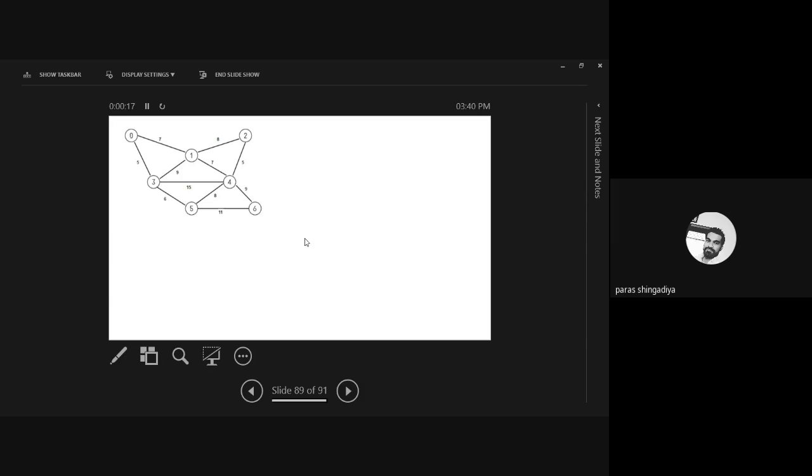Yeah, is there any confusion in any step? Please ask. Okay, otherwise you just practice it. किसी को confusion है? Is there any doubt?